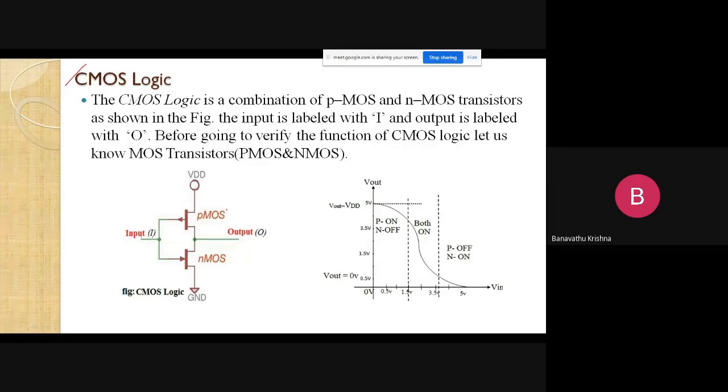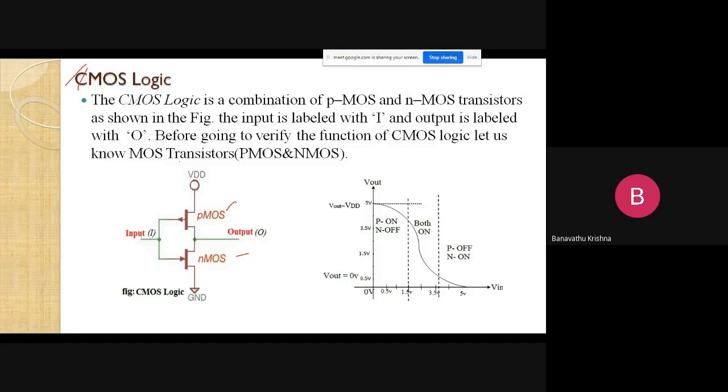You know PMOS and NMOS. Simply, CMOS is nothing but a combination of metal oxide semiconductor devices. We know there are two types of devices: one is N channel, another is P channel, right? The combination of P channel and N channel is formed as a CMOS logic circuit.